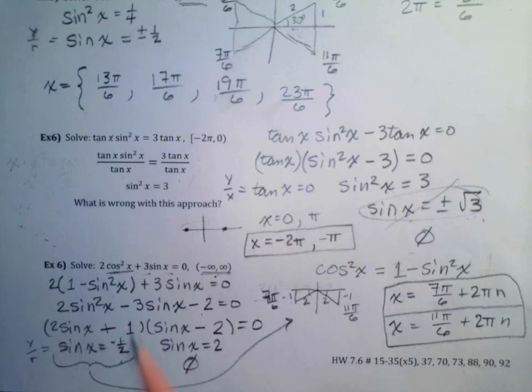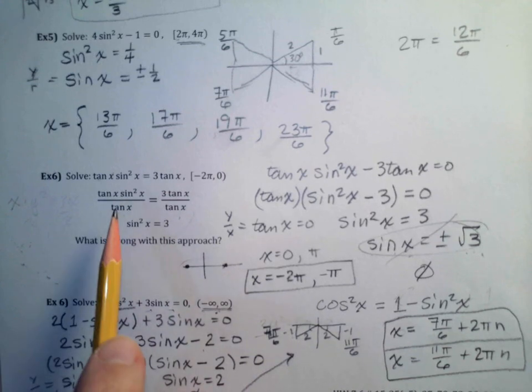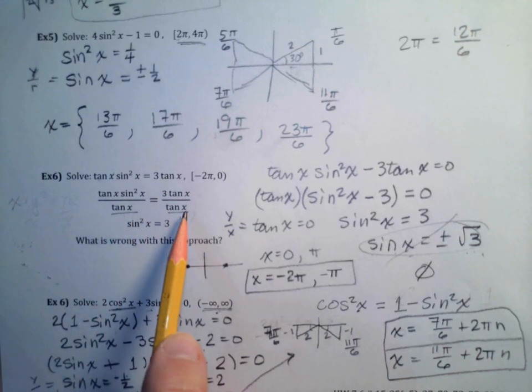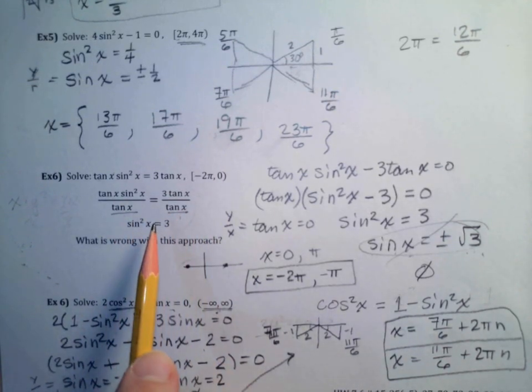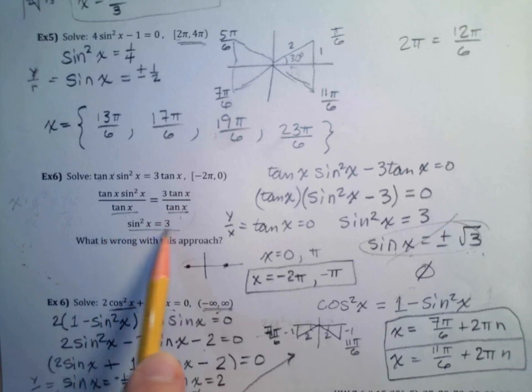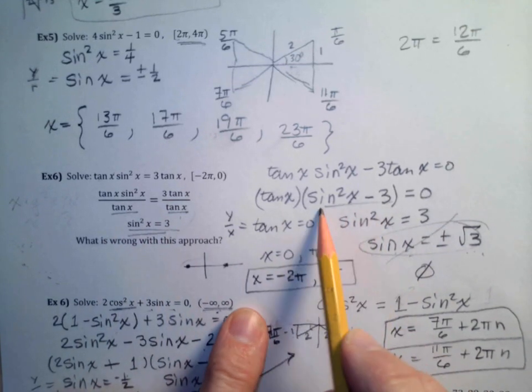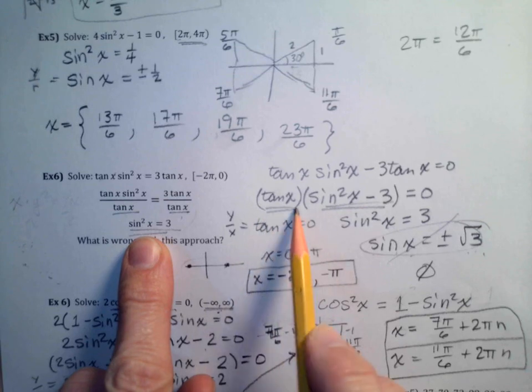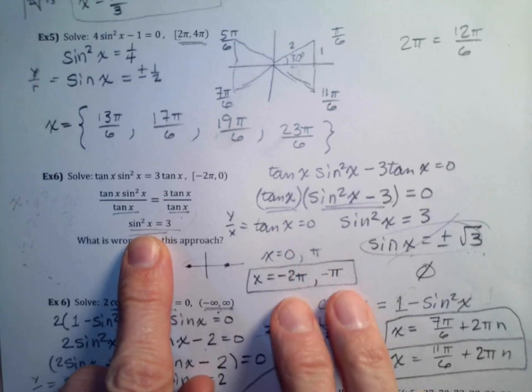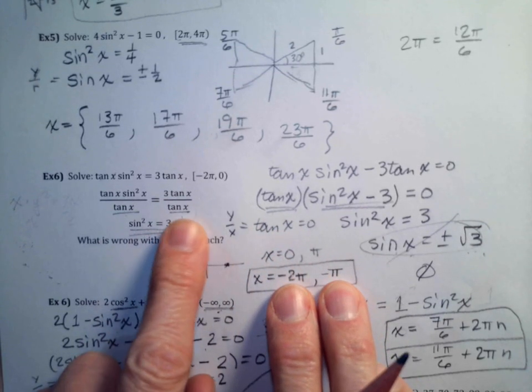That would give us a quadratic form that we could factor. Remember too, don't ever divide by a trig ratio. You lose a solution, right? If you did that, you really have just the second part, and you would lose this. You would lose our 2 solutions that actually work, we would have lost if we had divided by the tangent in this case.